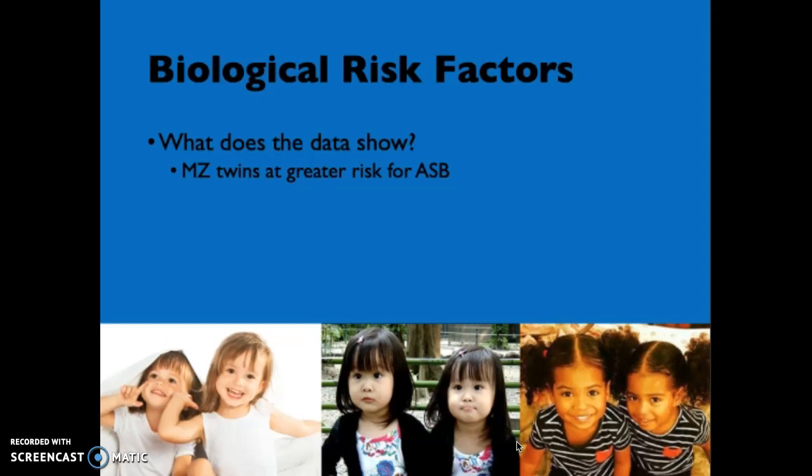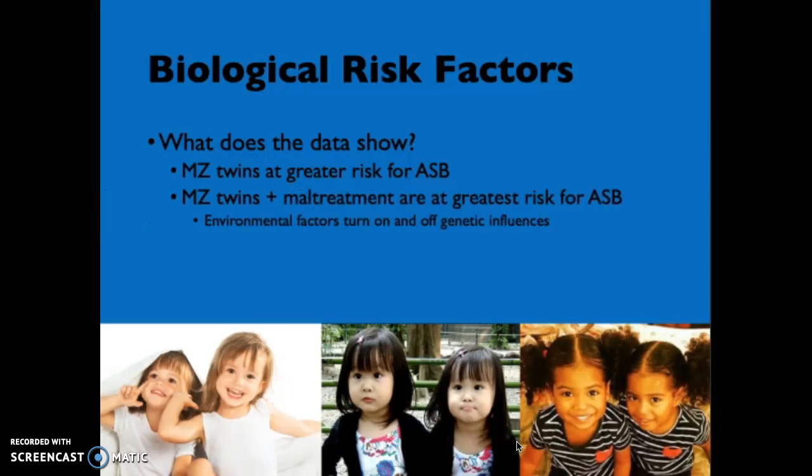If the fraternal non-identical twins are sharing the environment just like the identical twins, but the identical twins are more likely to share those types of behaviors, then it's not just the environment or being siblings, it's also something to do with the genes. Hopefully that makes sense. So again, the monozygotic or identical twins are more likely to show that.